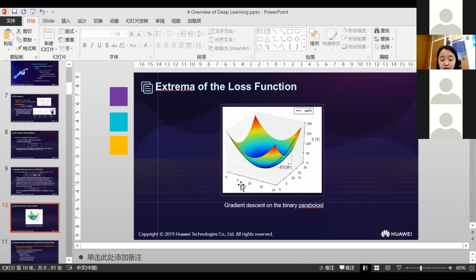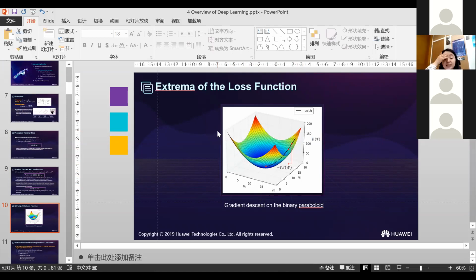If W0 equals 10 and W1 equals 10, we can use the model to make a prediction and calculate the loss value of the model. So here is an example. The loss value will be like this.